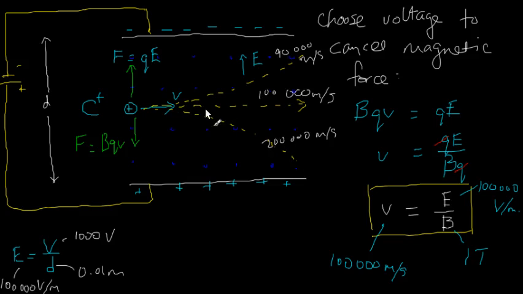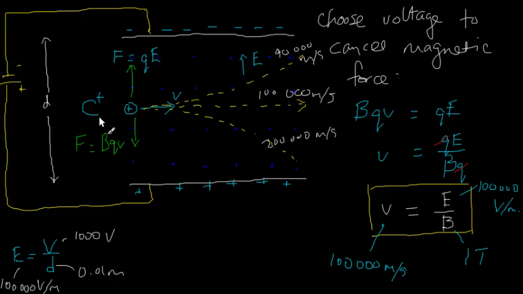So only the velocity that is equal to E over B that we have set up will go straight. Now we can use this as a velocity selector, because imagine that I have a bunch of carbon ions coming in here. Because the carbon is just a vapor, it will probably be in a gaseous state. It has all sorts of random velocities.